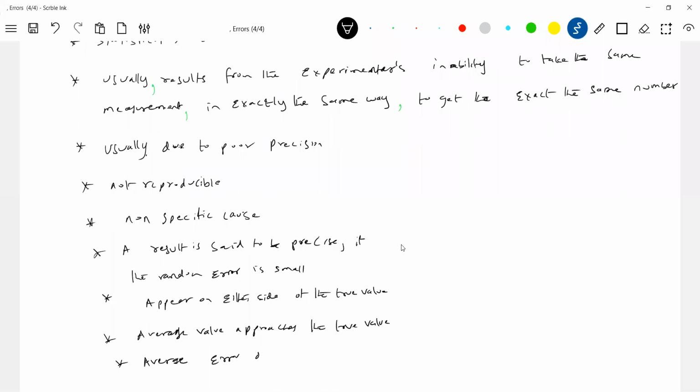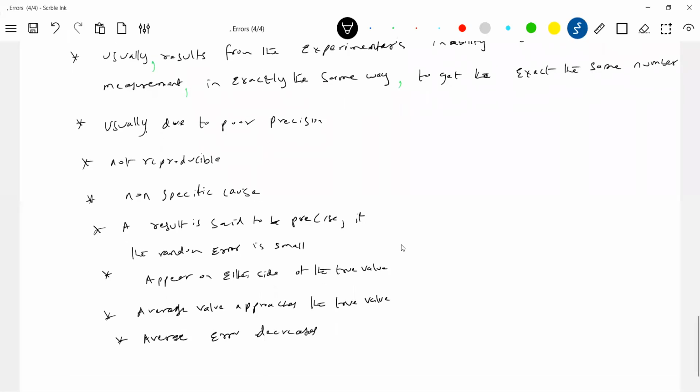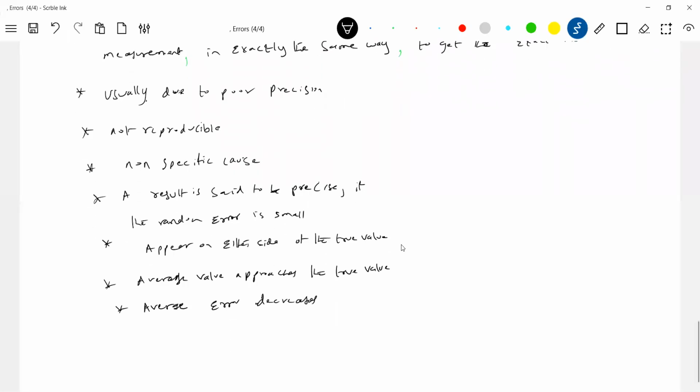Average error decreases. Error is managed by statistical methods. It cannot be eliminated, but can be minimized. That much is what we can say about the random error.